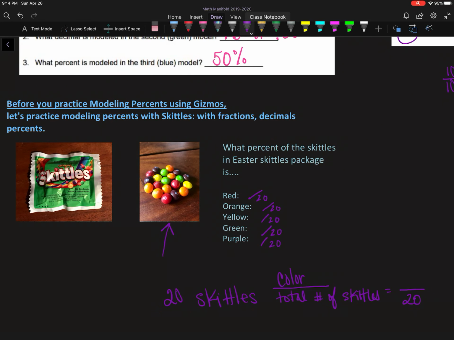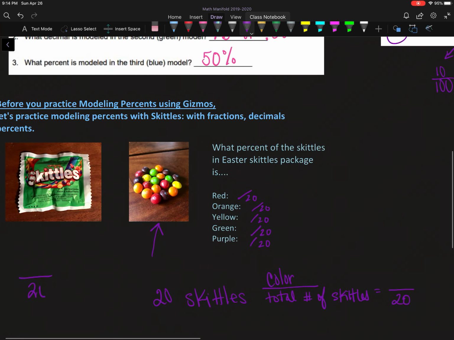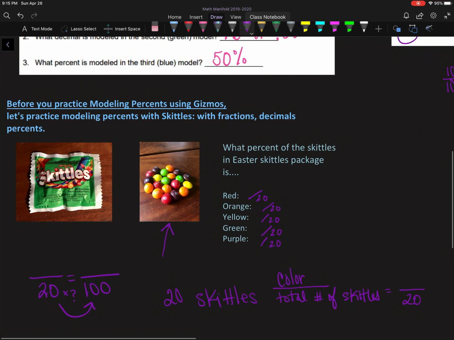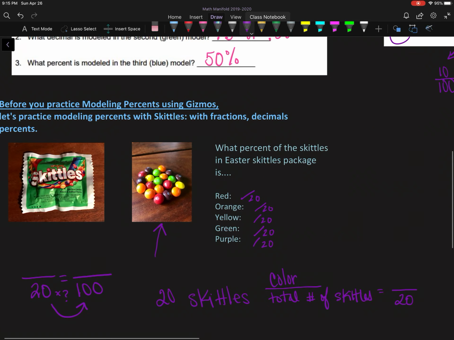So remember, we want to represent these as fractions, decimals, and percents. If I have 20 as my denominator, and we know that a percent is a number out of 100, how did I go from 20 to 100? What did I multiply by to get there? Starting with my Skittles, I'm going to skip one because it is a little harder to count because of my lighting when I took the pictures.